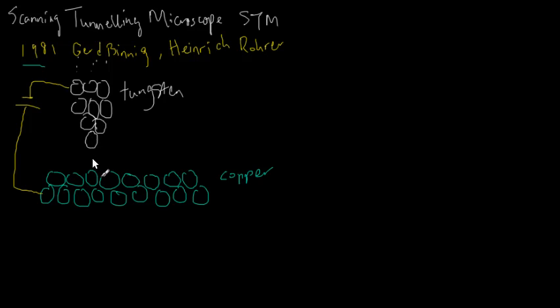Now this gap is a bit like the potential barrier that I described when I talked about quantum tunneling in an earlier video. I'll describe it in a bit more detail afterwards. So anyway, the gap in between is a barrier.